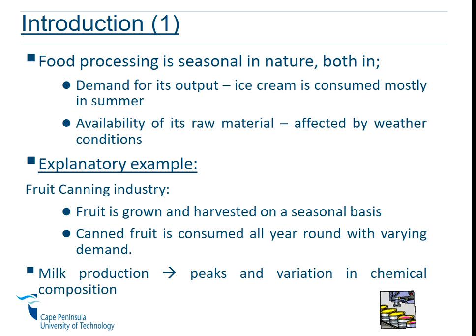So in the fruit canning industry, we know that the fruits are harvested on a seasonal basis. For example, grapes, peaches, apples, etc. However, the canned fruit is consumed all year round with varying demand. Also here, the demand is varying.